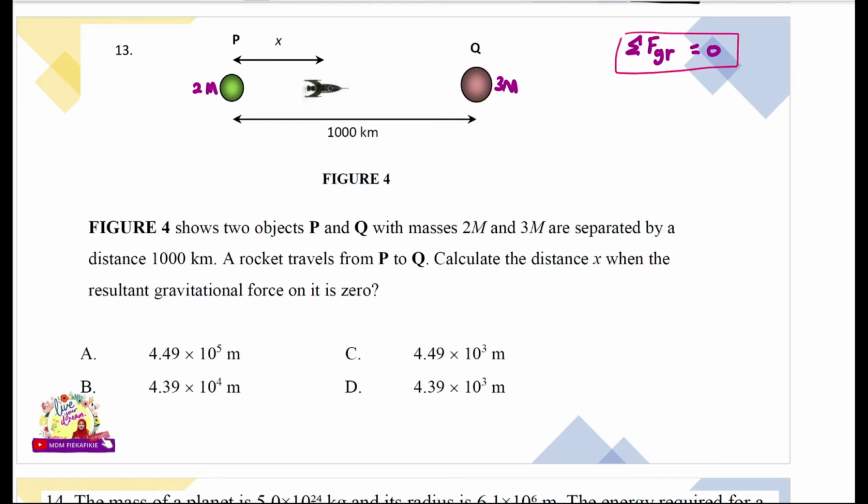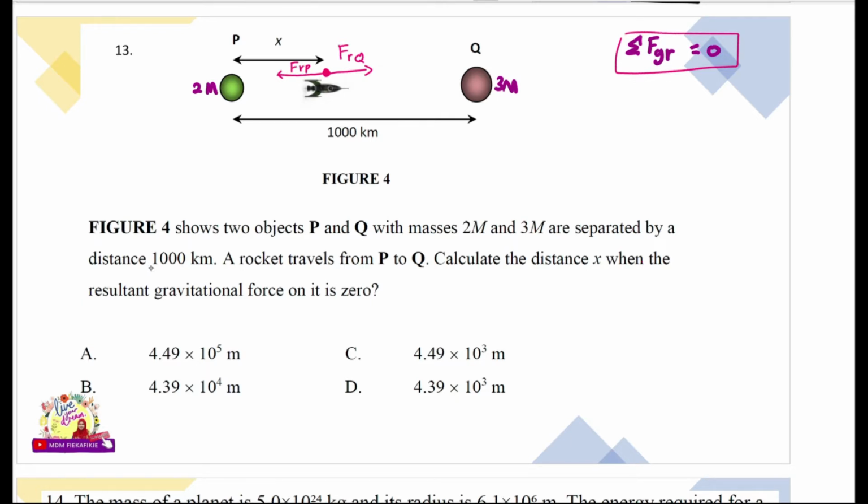And on the rocket, we must draw the gravitational force on the rocket due to object Q. So I will write F_RQ, the force on the rocket due to object Q, and the direction is to the right, and the gravitational force on the rocket due to object P, the direction should be to the left, F_RP. F_RQ is to the right, so it should be positive.